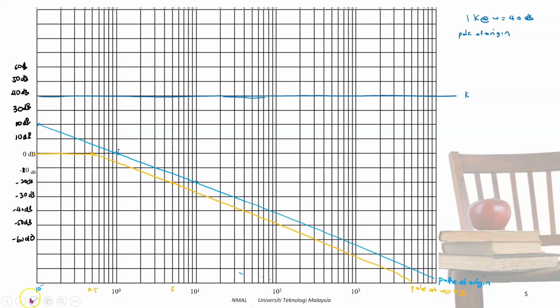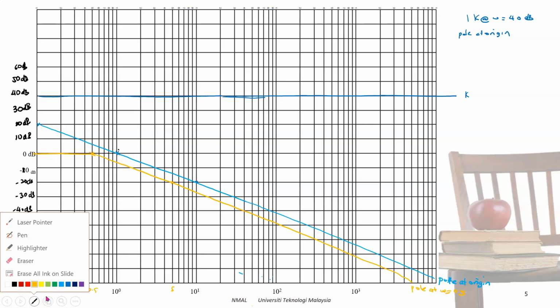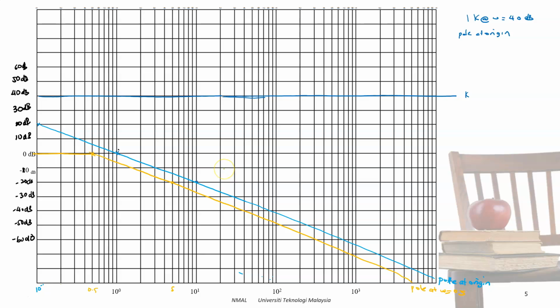The next one is the zero at omega equal to 20. So we identify 20 here. This is 10, this is 20, so 20 should be here. And one decade after 20 is 200.